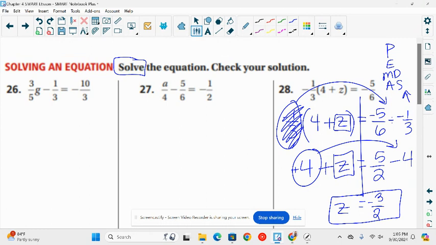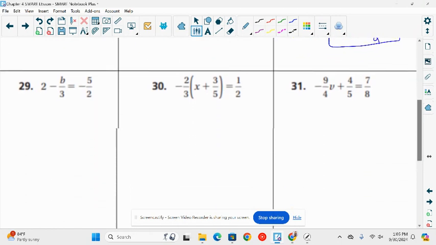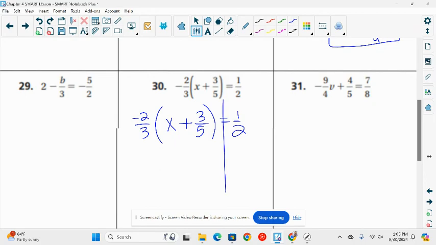Now there's another one very similar to it. Number 30. I've got negative 2/3, parentheses, x plus 3/5, parentheses, equals 1/2. Chop it, box it.